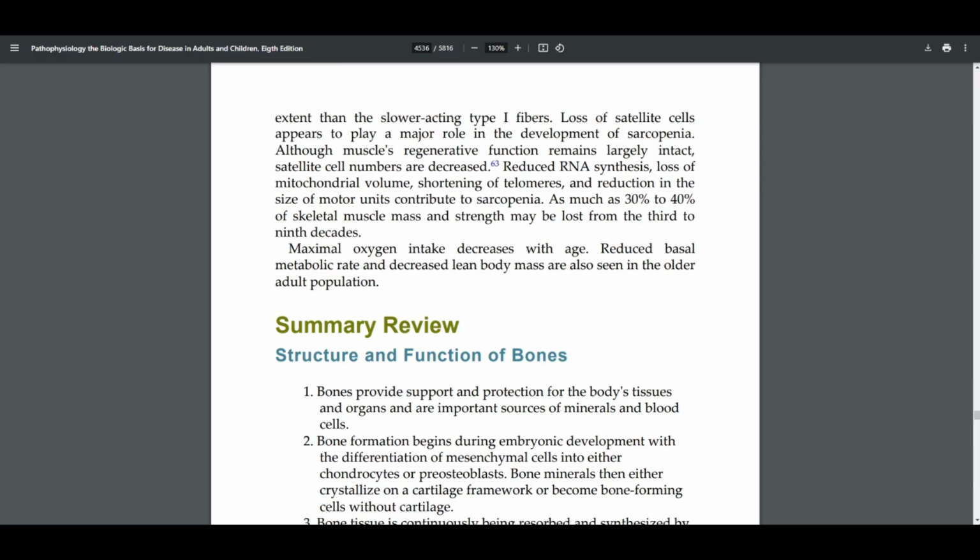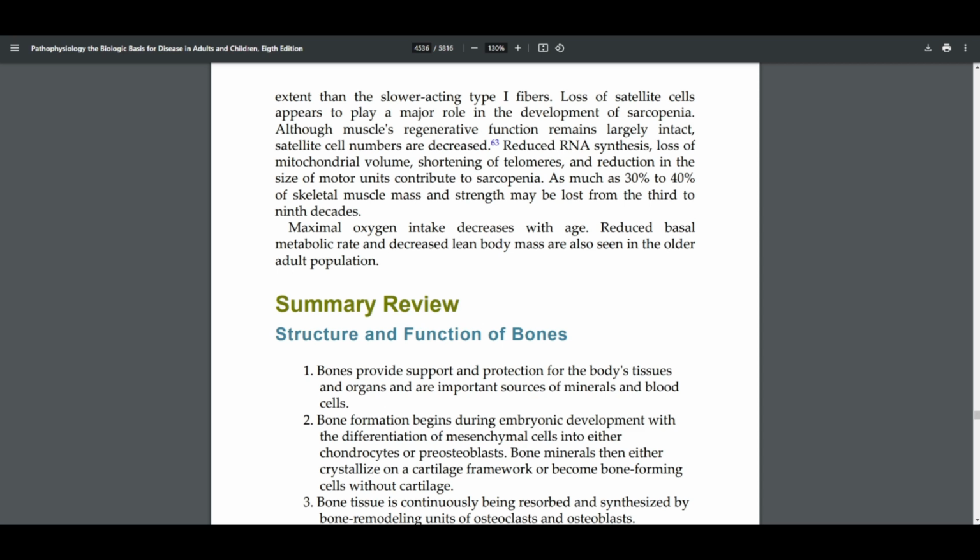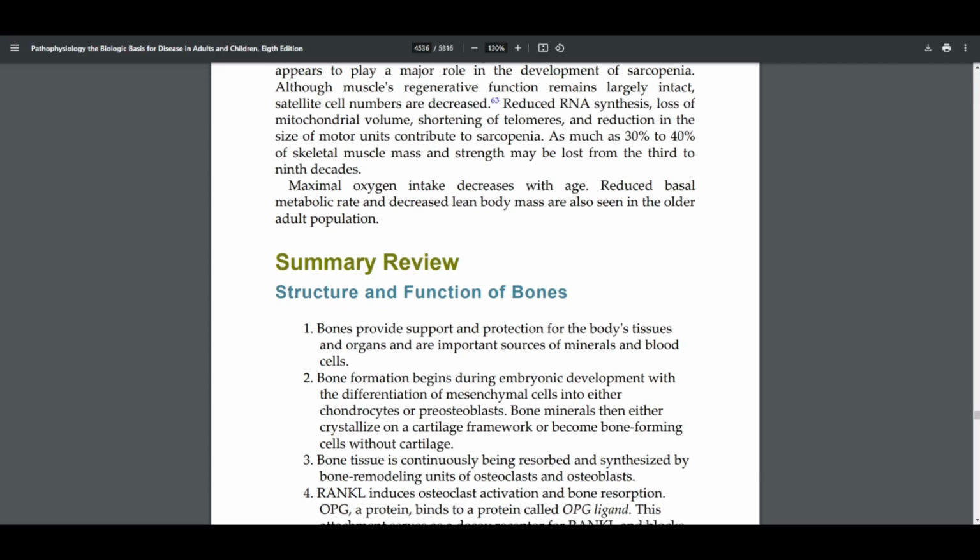As much as 30 to 40% of skeletal muscle mass and strength may be lost from the third to ninth decade. Maximal oxygen intake decreases with age. Reduced basal metabolic rate and decreased lean body mass are also seen in the older adult population.